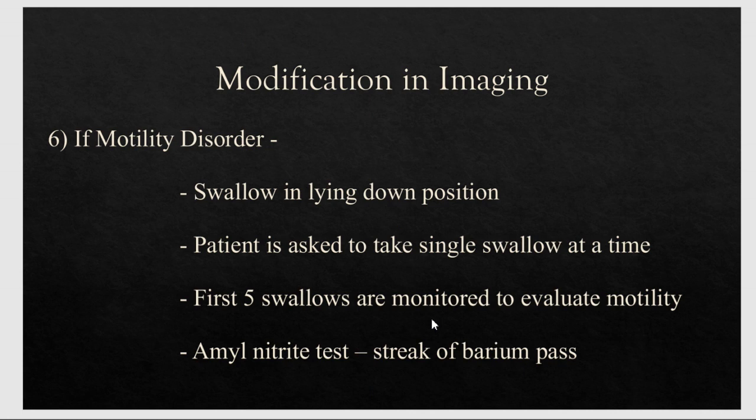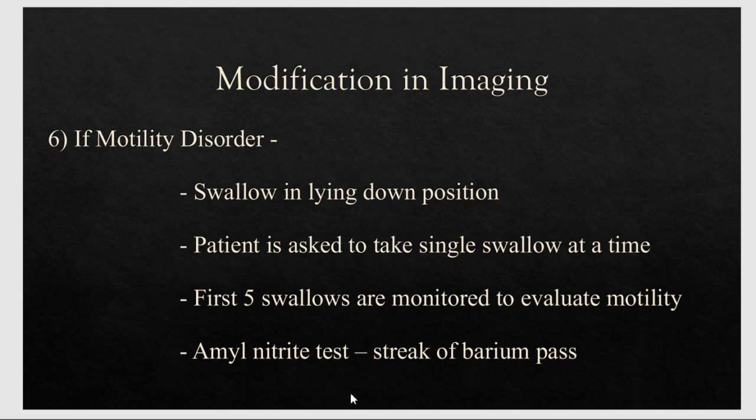And finally, the motility disorder. Usually the barium swallow is done with the patient lying down, and the patient is asked to take a single swallow at a time to check for motility. The first 5 swallows are monitored to evaluate how the motility of the esophagus is going, whether it is hampered or not, and what the severity is.